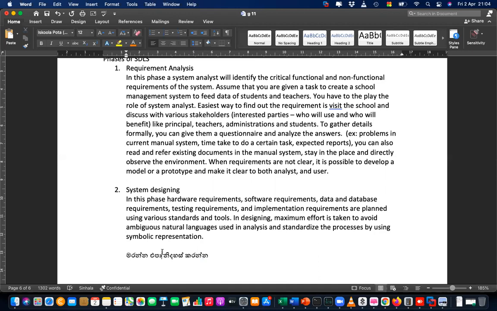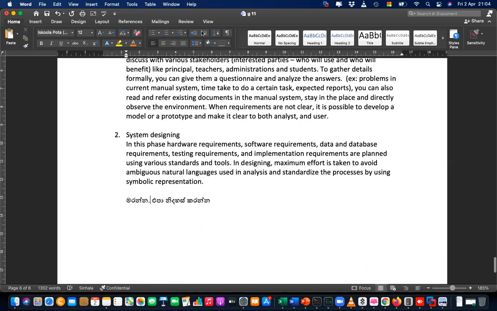Unfortunately, they kept some space, mistakenly, I don't know, this is like a rumor. So they read the message like this: "Maranna, epa nidahas karana", don't release, kill him.